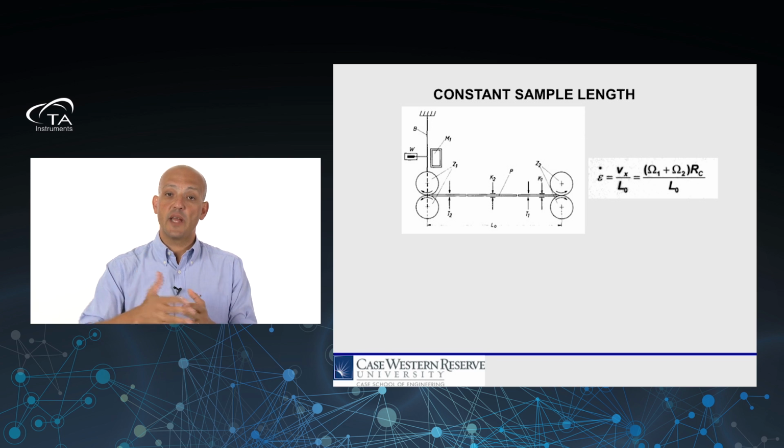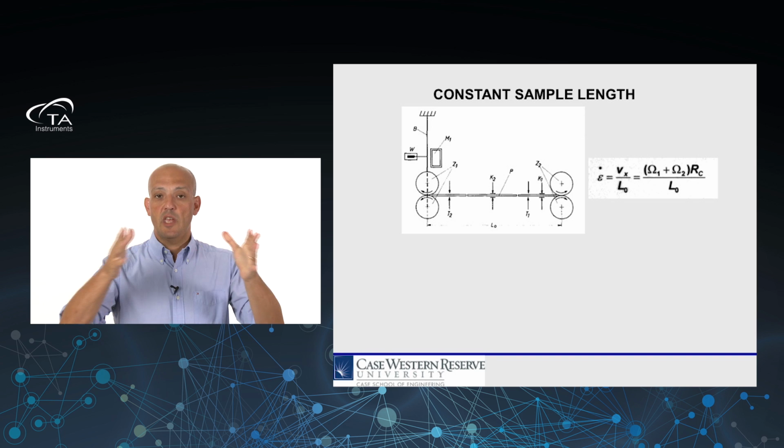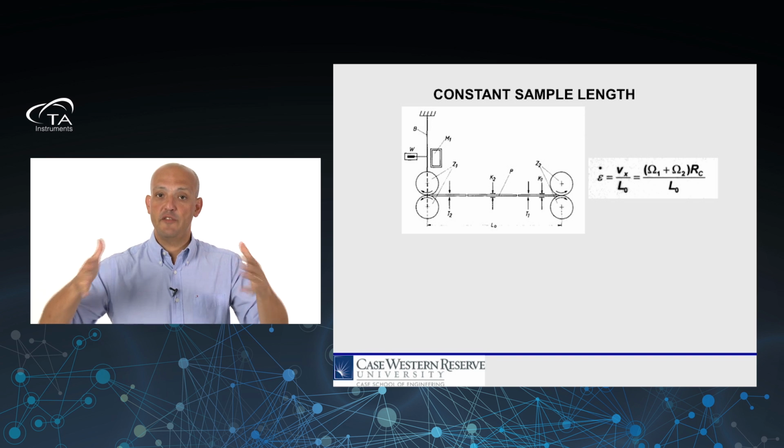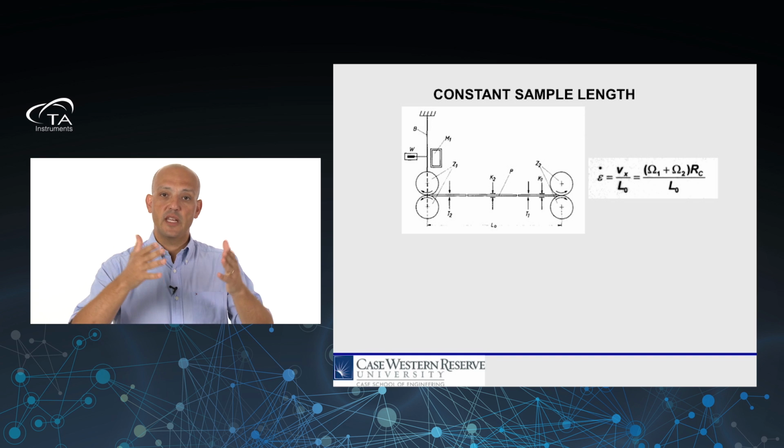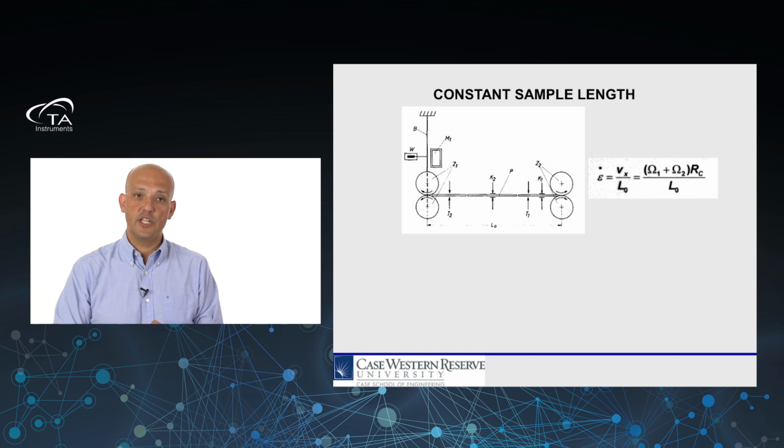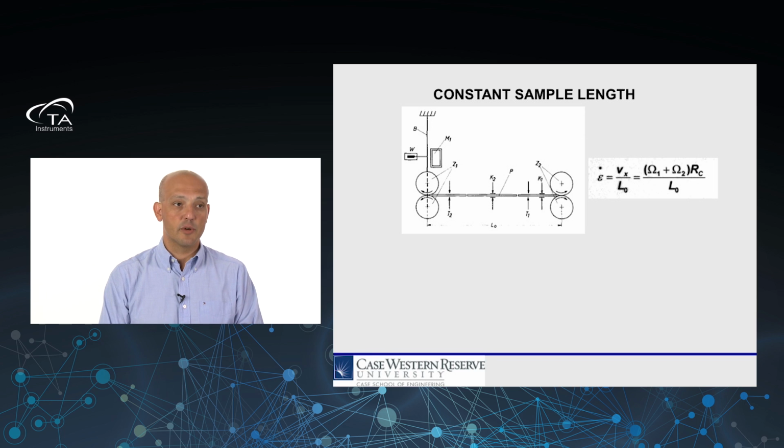And then you multiply that by the radius of the rollers, of the cylinders, and you have a very simple case: in order to achieve a constant strain rate, all we need to do is apply a constant linear velocity to these rollers, which makes it much easier to implement experimentally.